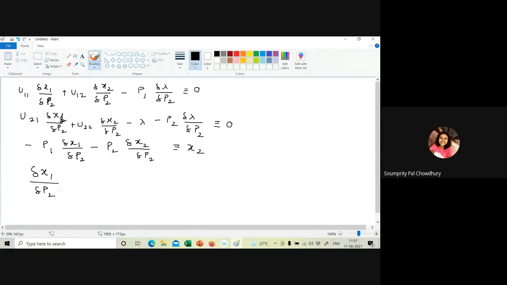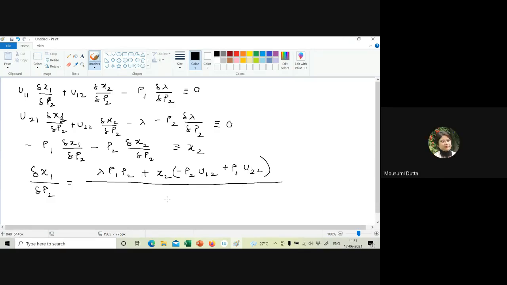Ma'am, I got the result. Numerator: lambda into p1 into p2 plus x2, bracket, minus p2 into u12 plus p1 into u22, bracket close, and in the denominator there is a determinant, the same determinant.